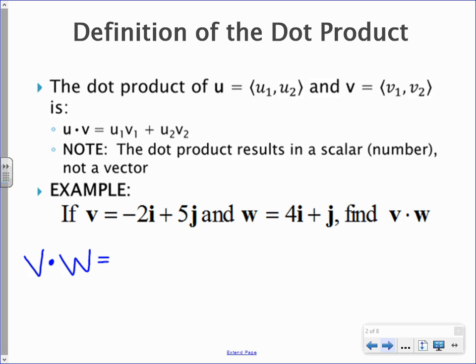So if we want to find v dot w, okay, we are going to take the horizontal components, -2 and 4, multiply them together, and then we're going to add the product of the vertical components, 5 and 1. So -2 times 4 from the horizontal components, and 5 times 1. Those are coming from the vertical components.